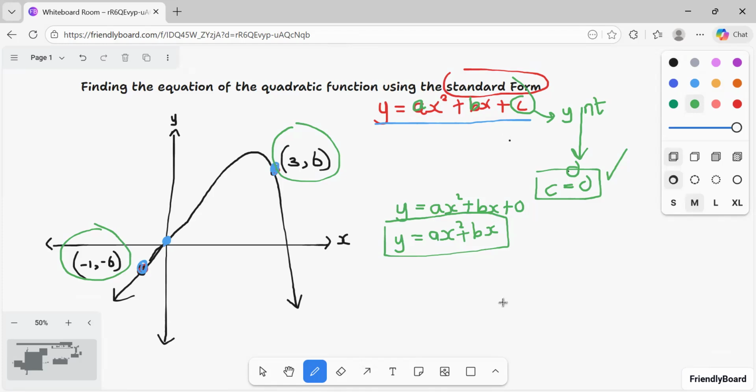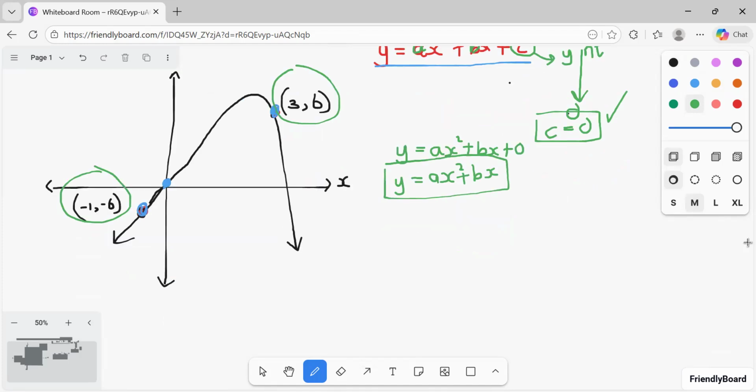So what I'll do is substitute the 2 points. I'm going to start by substituting that point there into this equation: y is equal to ax squared plus bx.